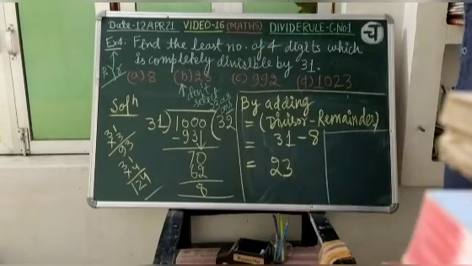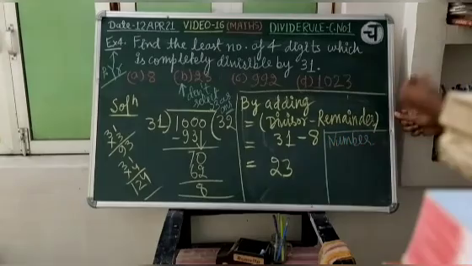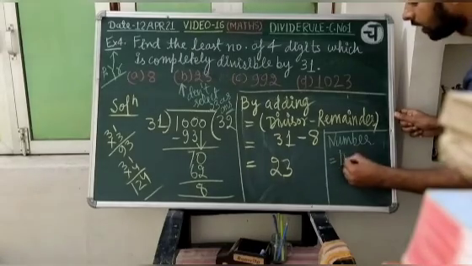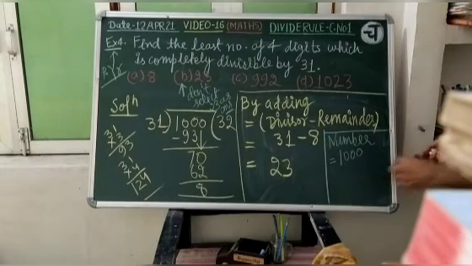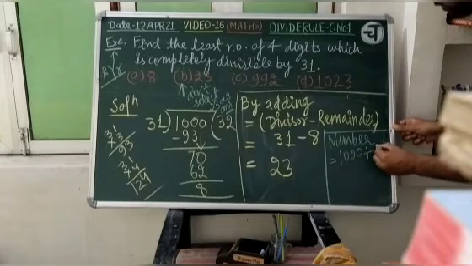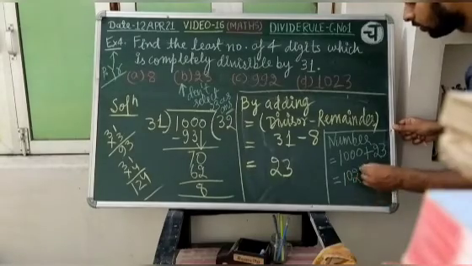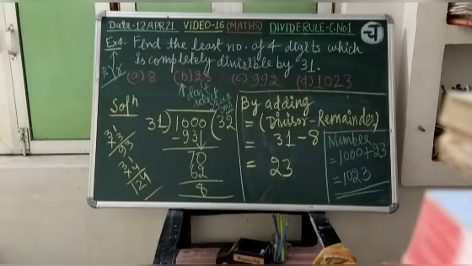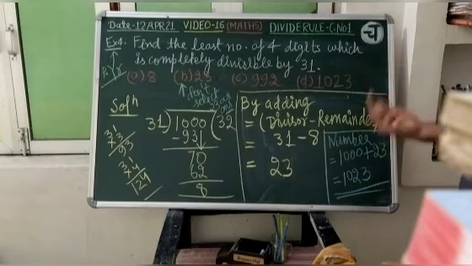So that number will be what? 1000 plus the adding number 23, which will give you 1023. And you will see that when you divide this 1023 by 31, it will become completely divisible.